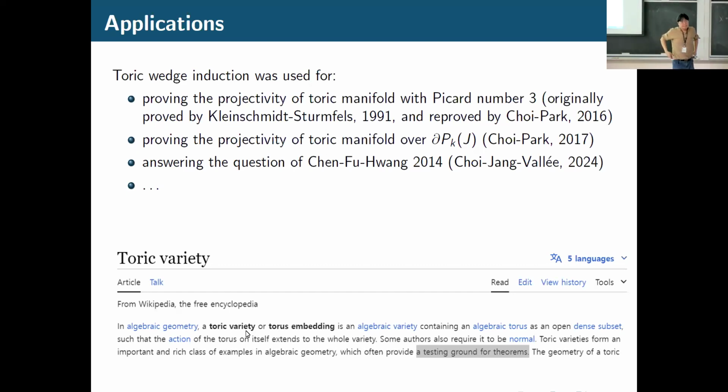What's the test for projectivity which you use? How do you detect projectivity? Actually, I use the Shephard diagram.